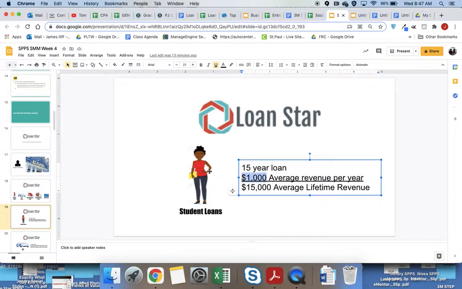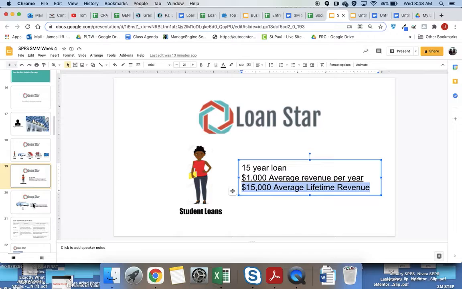So on average, when this person takes out a school loan for college, they're going to pay it off in 15 years, and every year that they pay it, we at Lone Star get $1,000 in revenue. So you just take 15 times 1,000, and you get $15,000 average lifetime revenue. So every time a student takes out a student loan, you can average it out that Lone Star is going to make $15,000.